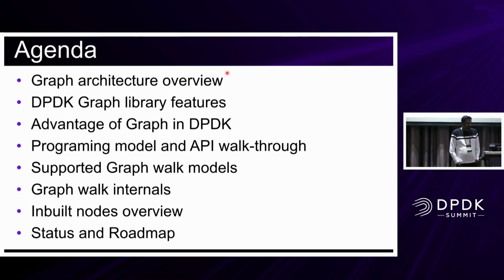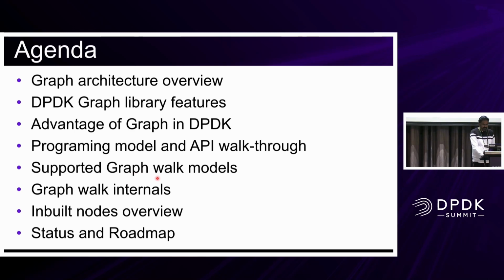In the agenda, let's first quickly get into the graph architecture overview, then the DPDK graph library features and the advantages of using the graph library in DPDK, the programming model, and its API walkthrough.